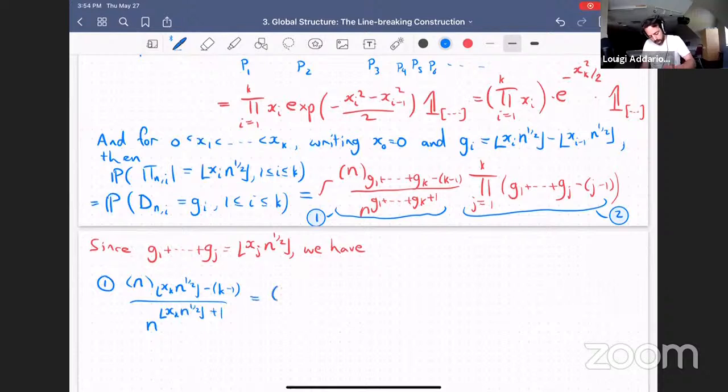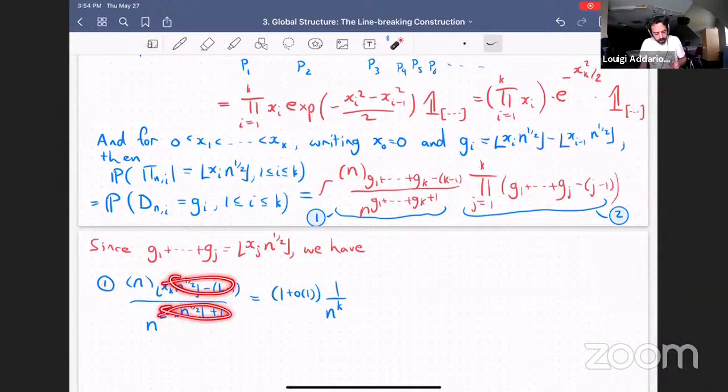Okay, so that's up to lower order terms. There's a 1 over n to the k factor just because there's an additive difference of k between the number of terms on the top and on the bottom.